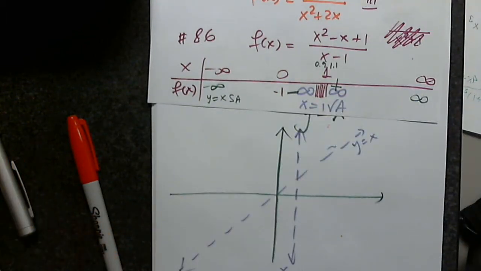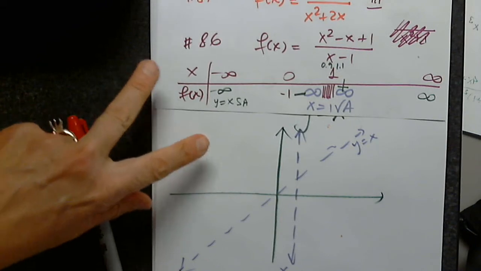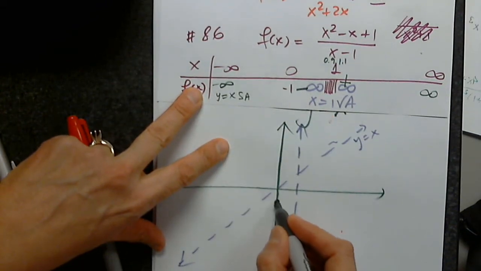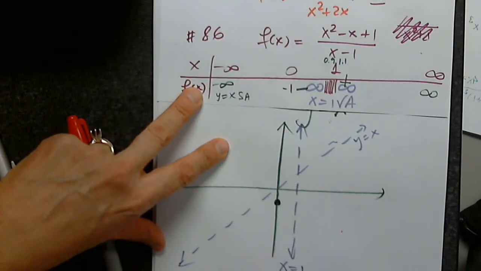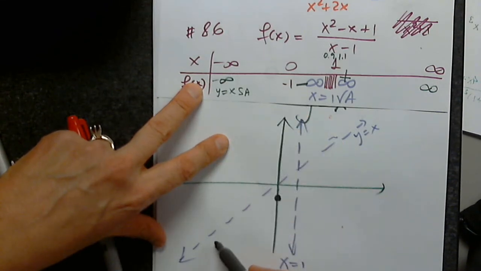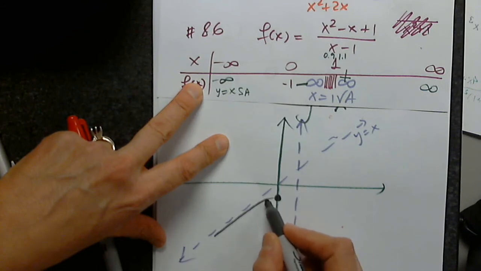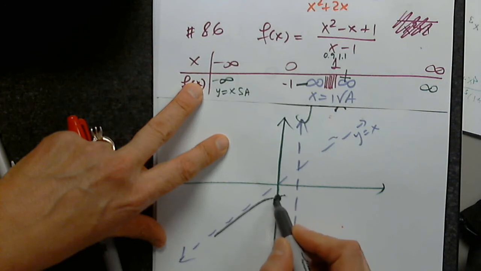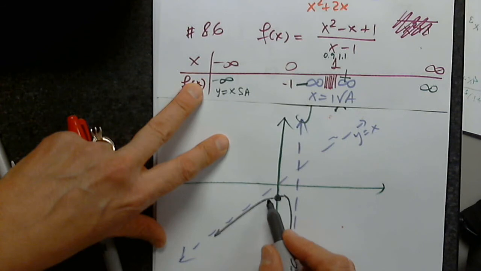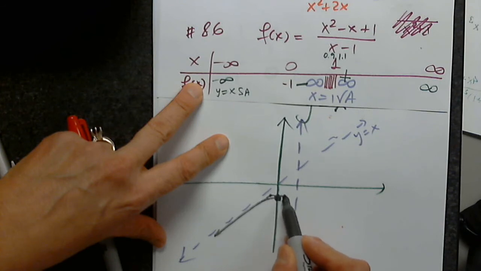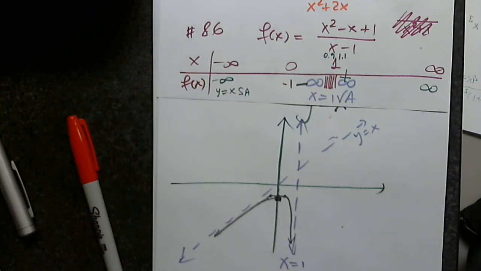Ready? 0, -1 is this point. From approaching -infinity, coming to cross the x-axis. I don't know if it turns here. I have no idea. It can go all the way more and then continue. You can even turn here, or you can turn on this side and go down. I don't know. I have no way of determining that without the graphing calculator.